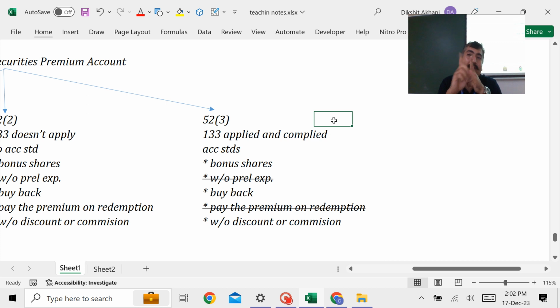Company can utilize security premium account for these three purposes also. ये इंटरप्रिटेशन हुआ, इसके लिए भी कर सकता है ऑल्सो। अब सेकंड इंटरप्रिटेशन बताओ, 133 अप्लाइड एंड कंप्लाइड, देन अकाउंटिंग स्टैंडर्ड्स अवेलेबल फॉर ओनली दिस थ्री। तो दो इंटरप्रिटेशंस आर पॉसिबल, ओनली दिस थ्री और दिस थ्री ऑल्सो। बताओ क्या फर्क है इन दोनों इंटरप्रिटेशंस में? इफ आई से ऑल्सो, सो आउट ऑफ दिस फाइव दिस थ्री आर ऑल्सो, तो ये टू तो टेकन एज ग्रांटेड हो गया। इफ यू कंप्लाई डोंट कंप्लाई, ये तो पहले भी थे अभी भी रहेगा। ये तीनों भी मिल सकते हैं, मतलब ये दो तो वैसे ही मिलने वाला है, एक ही इंटरप्रिटेशन हुआ। दूसरा, ये तीन ही मिलेंगे, तो पहले भी ये नहीं मिलेंगे अभी भी ये नहीं मिलेगा। आप समझ रहे हो?